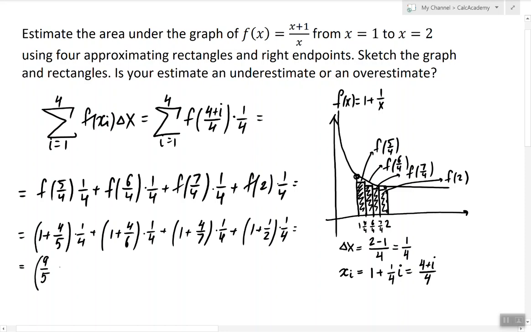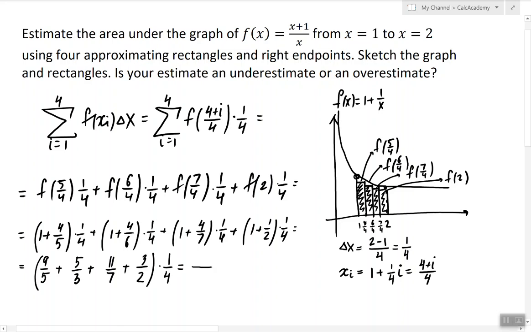So the first one is equal to 9/5. The second one is equal to 10/6, which is the same as 5/3, then 11/7, and 3/2, and all that times 1/4.